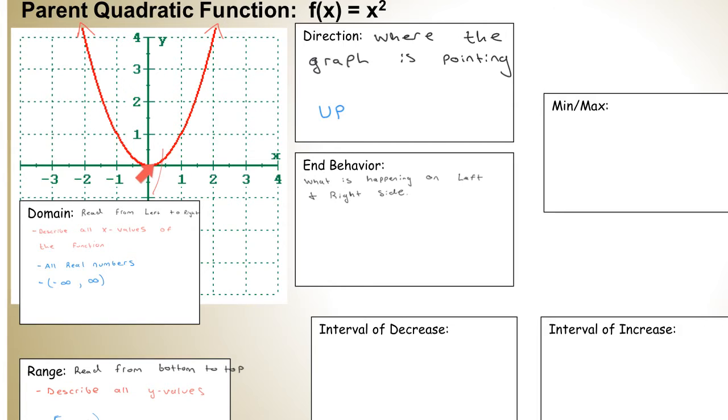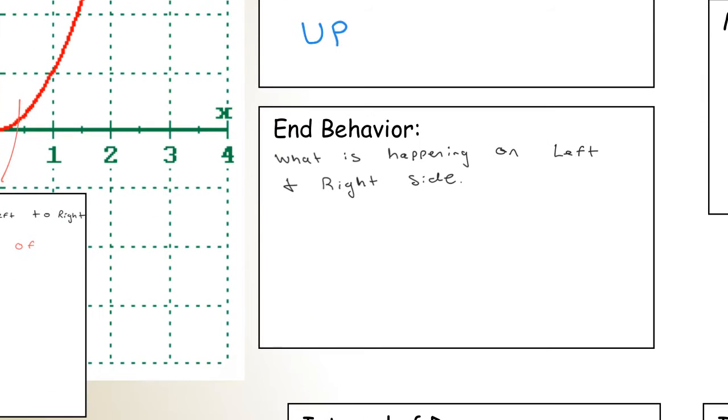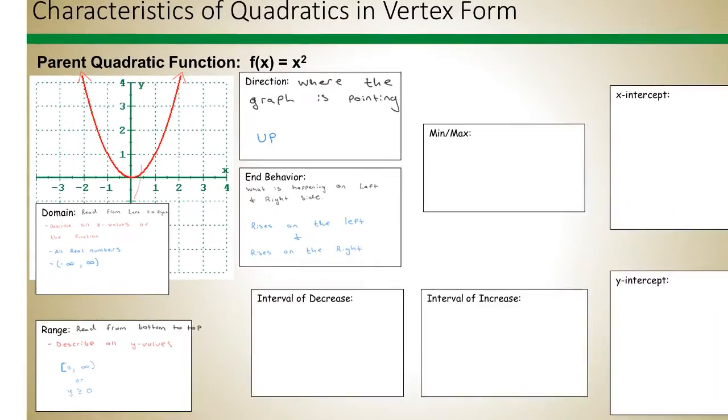Then also, if I stand in the middle and I look to the right, again, this function is rising. So we're going to say this thing rises on the left and it rises on the right. And that's all end behavior is. You're describing what's happening on each side of the graph, okay?